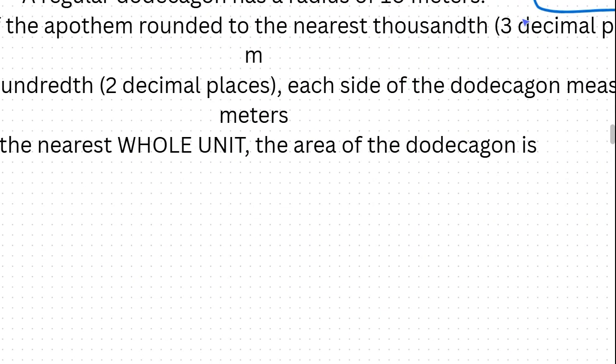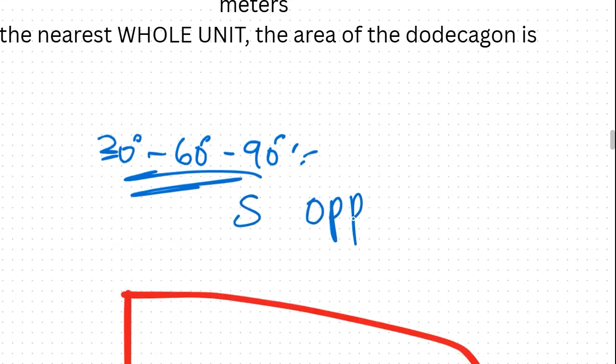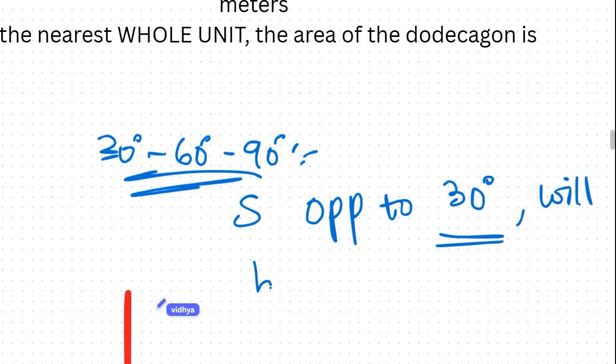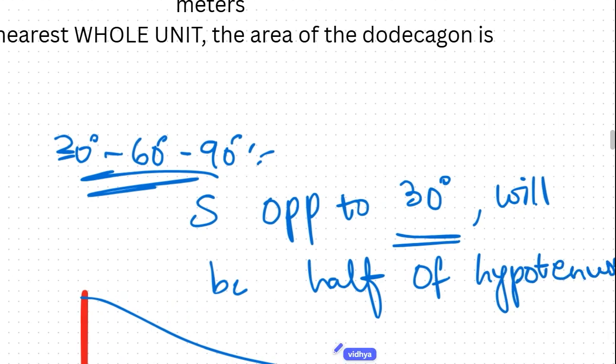So it's 4, and then 4 times root 3. Just remember one thing: the side opposite to 30 degrees will be half the hypotenuse. This point is enough.